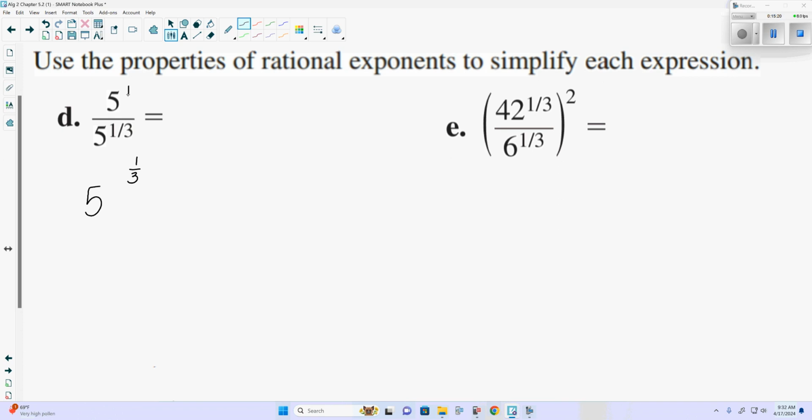As our 5 on top is 1. As if the exponent's not listed, it's understood to be 1. So really we're saying that this is 5 to the first minus 1/3. So we're really at this point looking at 1 minus 1/3. And 1 minus 1/3 is 2/3.